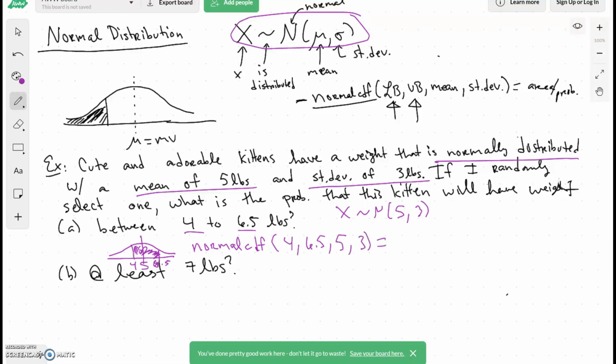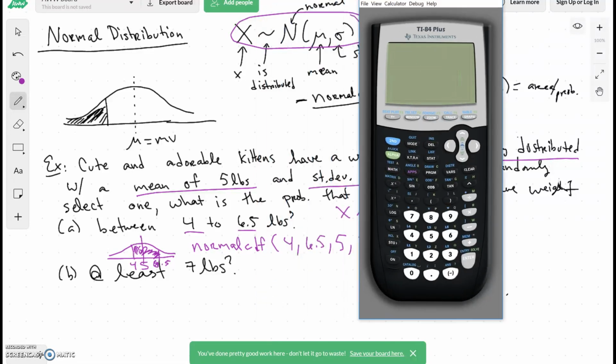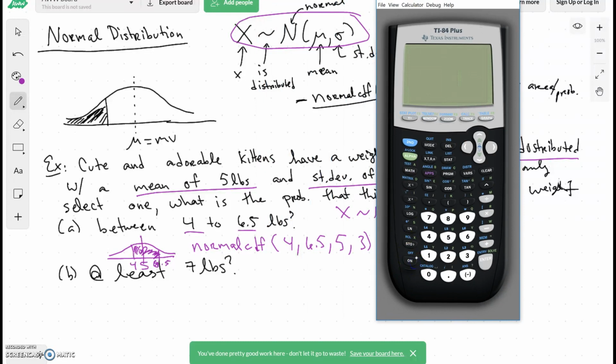Okay, so we're going to use the calculator. It's exactly the same thing that we were doing before. Let me clear this. Second, vars, I'm going to go down to normal CDF. We do not want PDF. Lower bound, in this case, is a 4. My upper bound is going to be a 6.5.